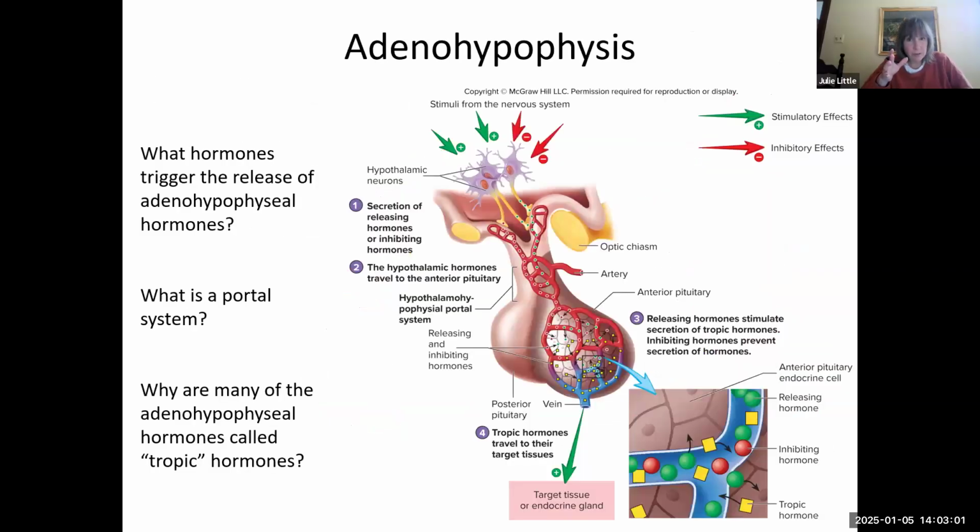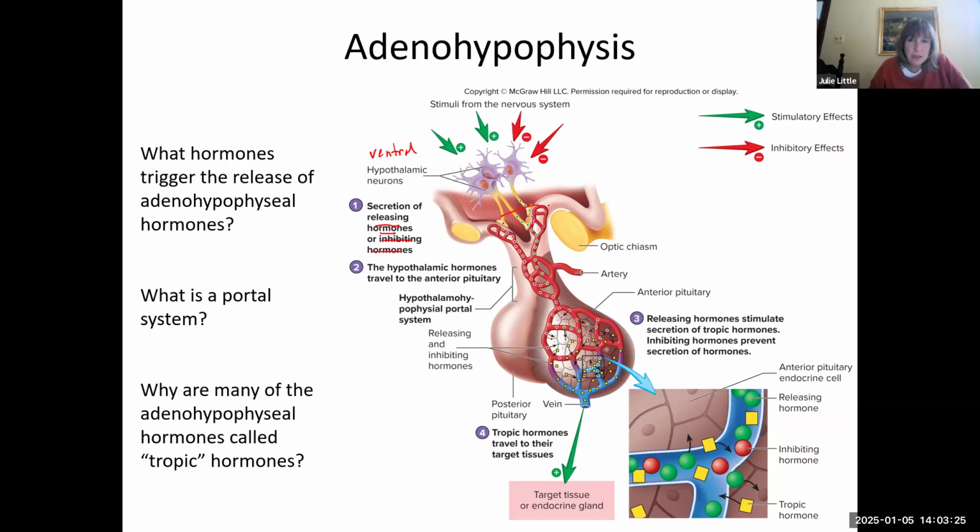For the adenohypophysis, we have a hormonal stimulus. Here are the hypothalamic neurons from the ventral nucleus in the hypothalamus, and they are making releasing hormones. Now I'm ignoring inhibiting hormones; it's easier to do that. When these neurons release releasing hormones, they go through the blood.